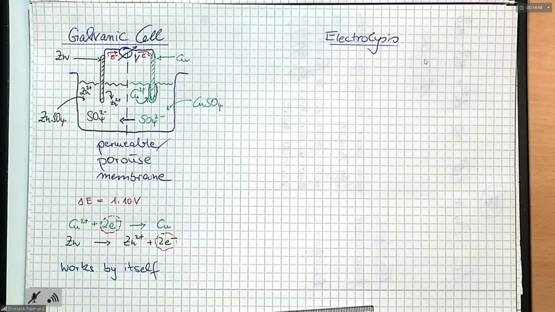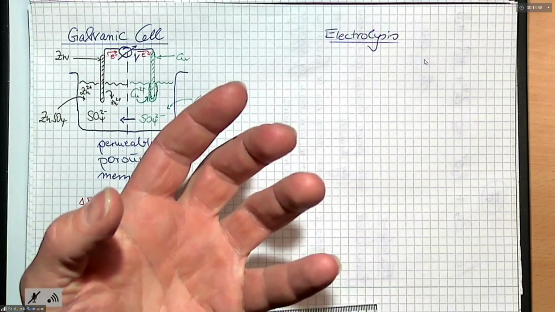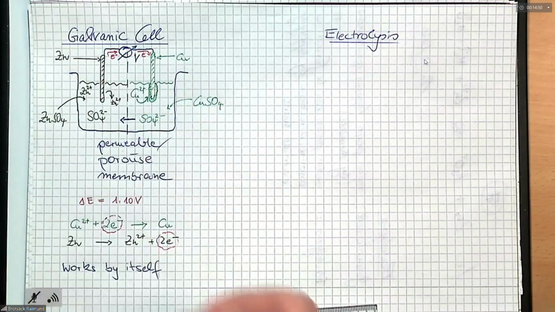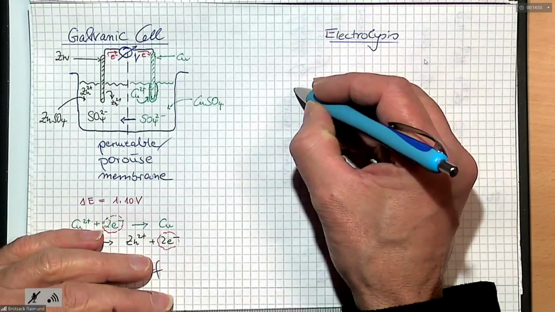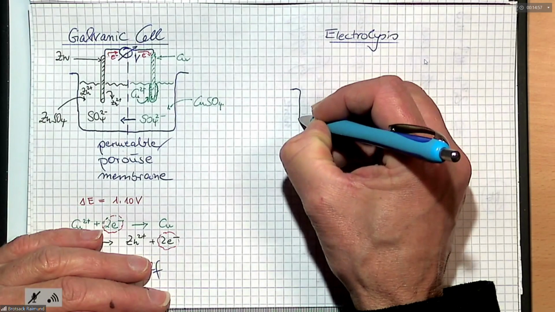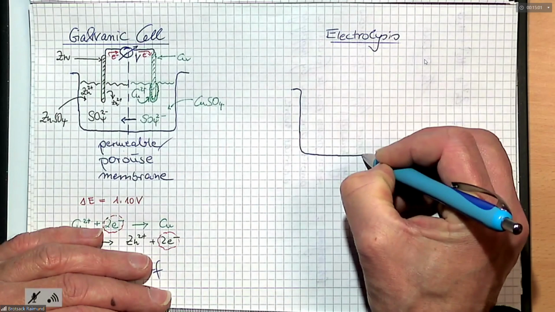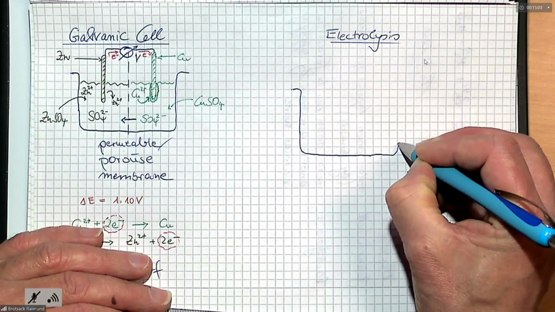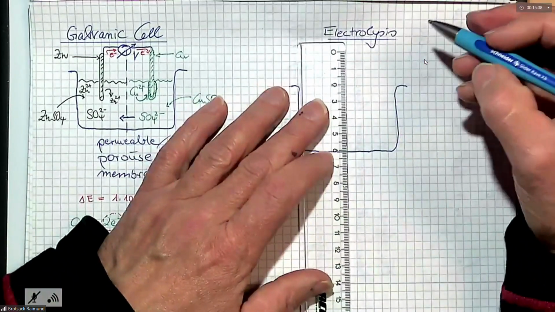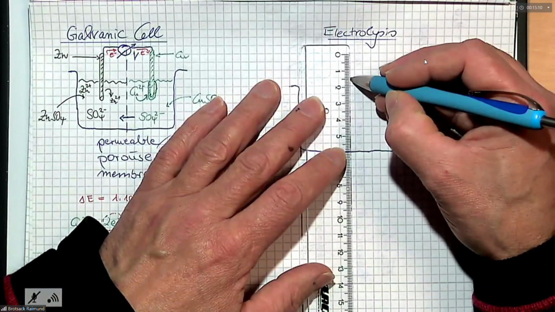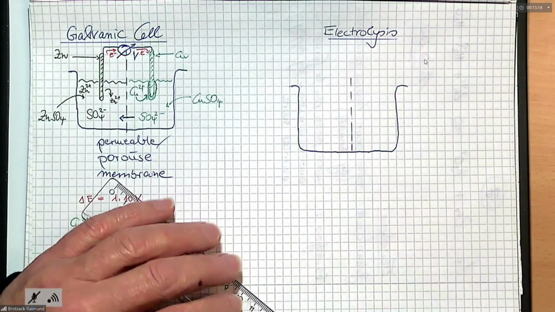Now, in the electrolysis, we force the system to work in the opposite direction. So here we have our beaker again. We need a little bit more space on the top. We have the semi-permeable membrane again, to divide it in two parts.